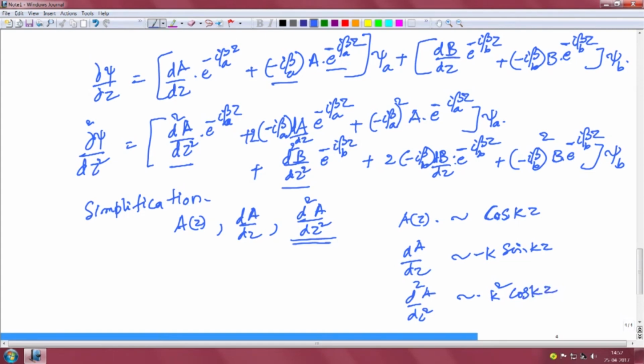So we will look at only the amplitude parts and say that A goes as unity, and so I will put just the squares of it. The first derivative goes as something proportional to k, and the order of magnitude for the second derivative is k square.